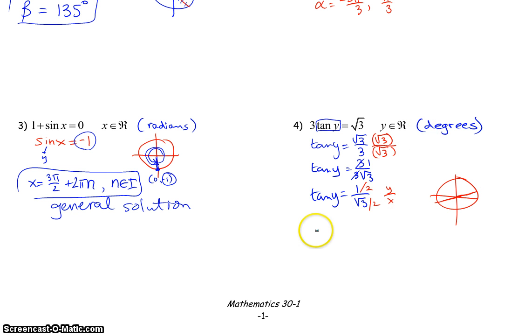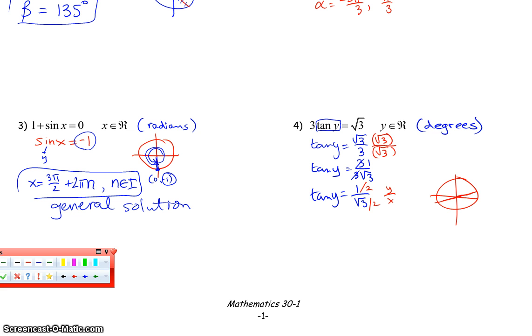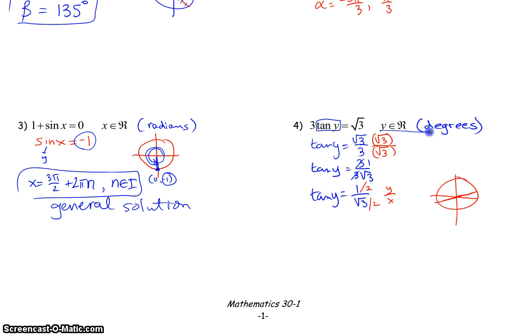Okay, and now we want to name these terminal arms for all real numbers in degrees. So y equals, this first terminal arm would be 30 degrees. Now it's a little weird with tan and cotan, but we don't actually have to name this second terminal arm, and I'll show you why. If we add 180 degrees to this terminal arm, we will arrive at the other terminal arm.